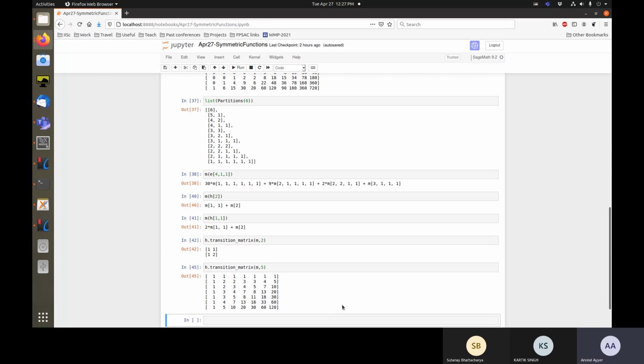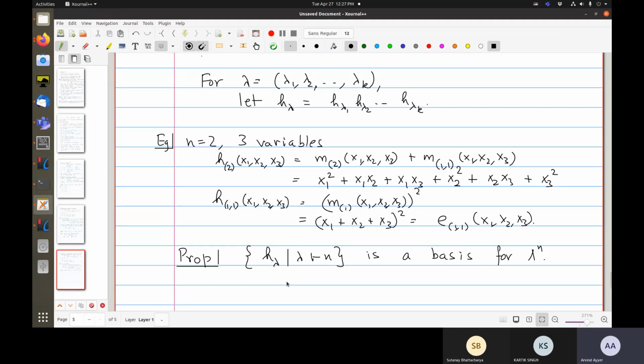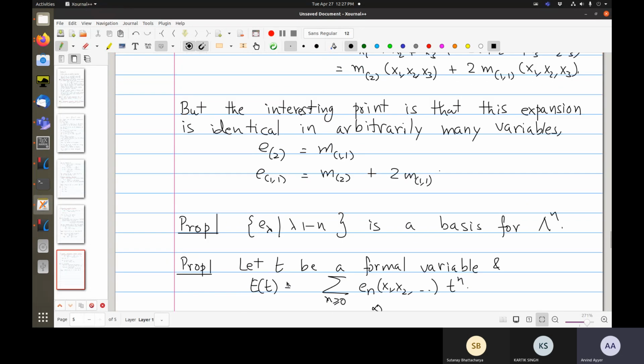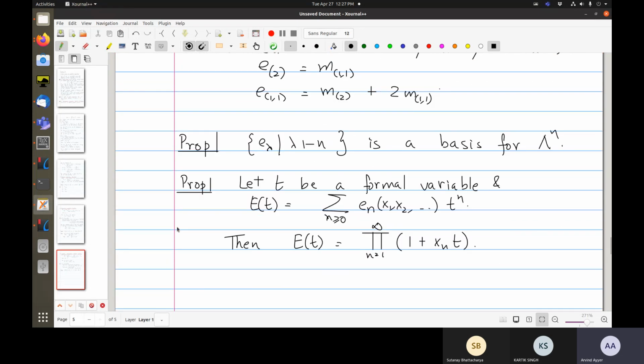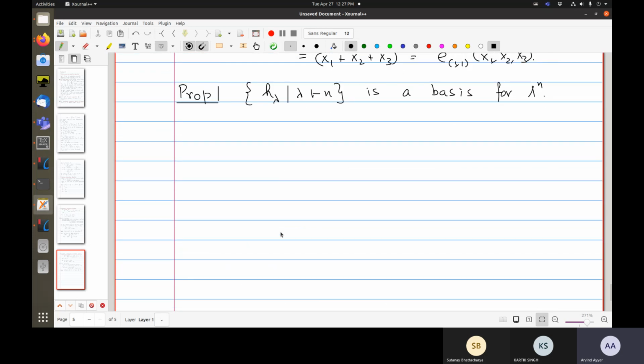Any questions about this? Okay, so analogous to this proposition for elementary symmetric functions, we have a similar result here. This will also prove useful later.